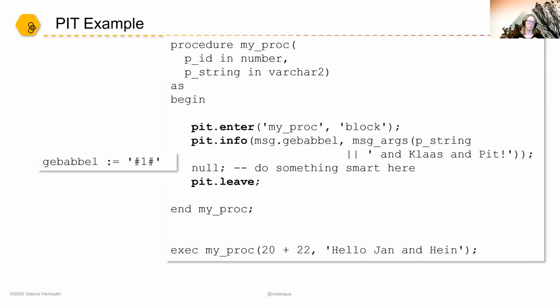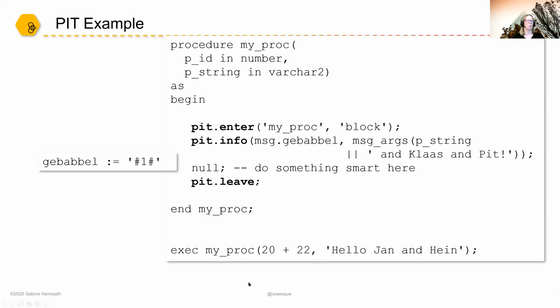Just one substitution string, #1#, and whatever is put into that parameter will substitute that string. So yes, after we've finished what we're going to do, we say pit leave, and the framework will look after it. And then we call the procedure with 1 integer value and 1 string.